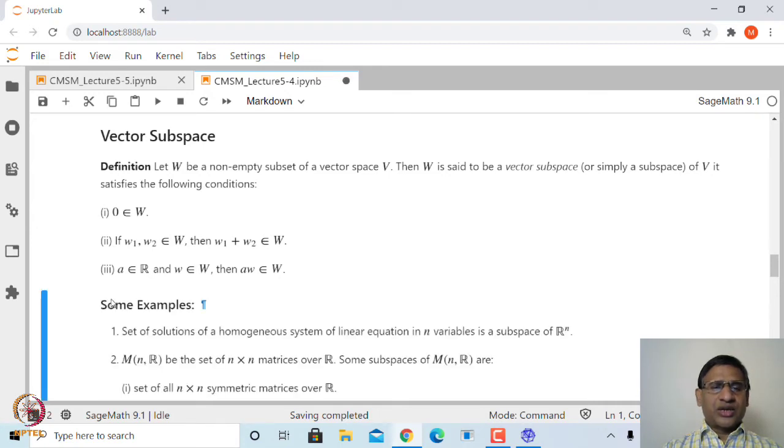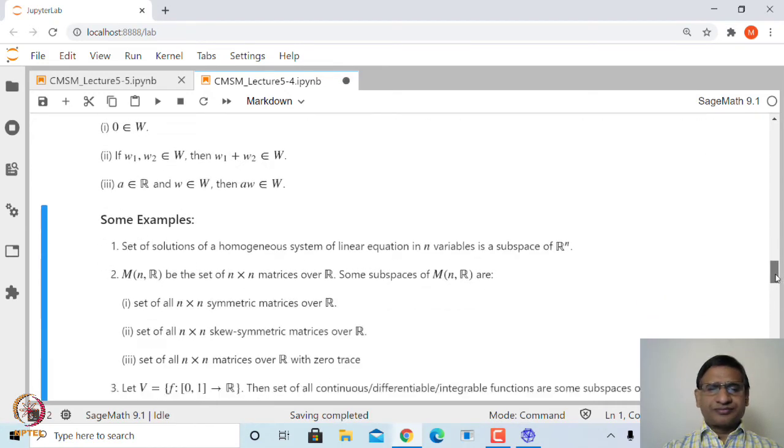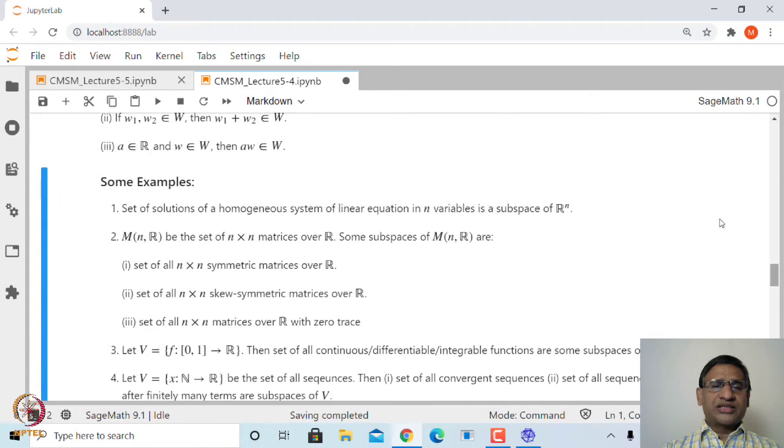Let us look at some examples. For example, the set of all solutions of a homogeneous system of linear equations is actually a vector subspace of Rn. In fact, every vector subspace of Rn arises as a solution of some homogeneous system of linear equations.